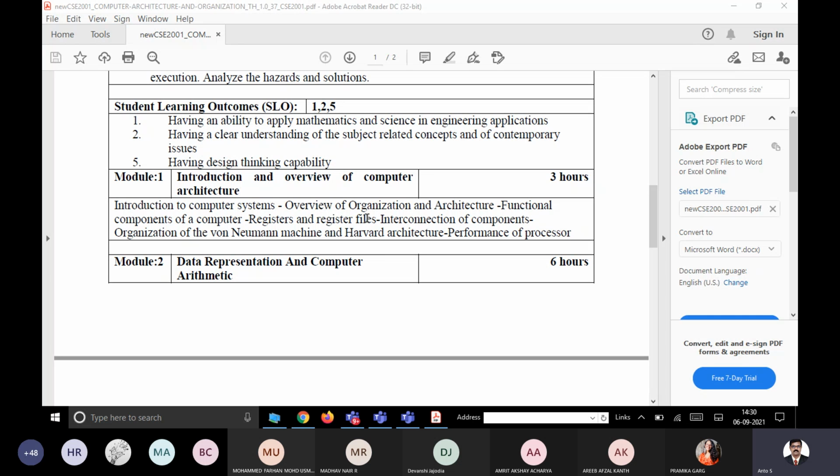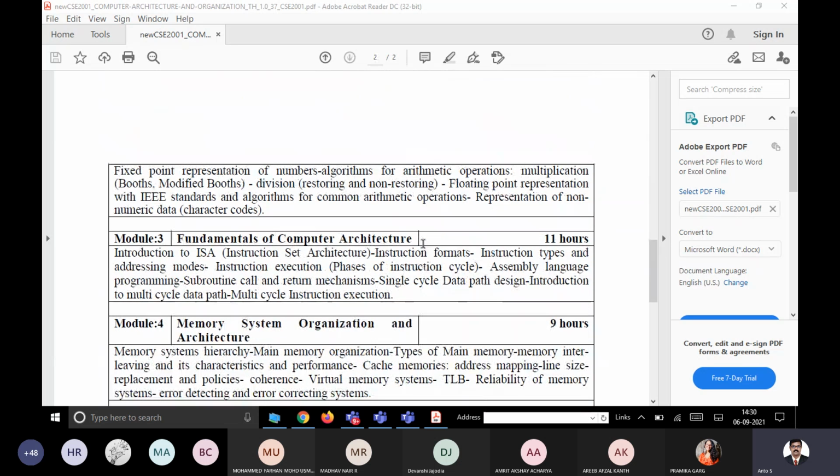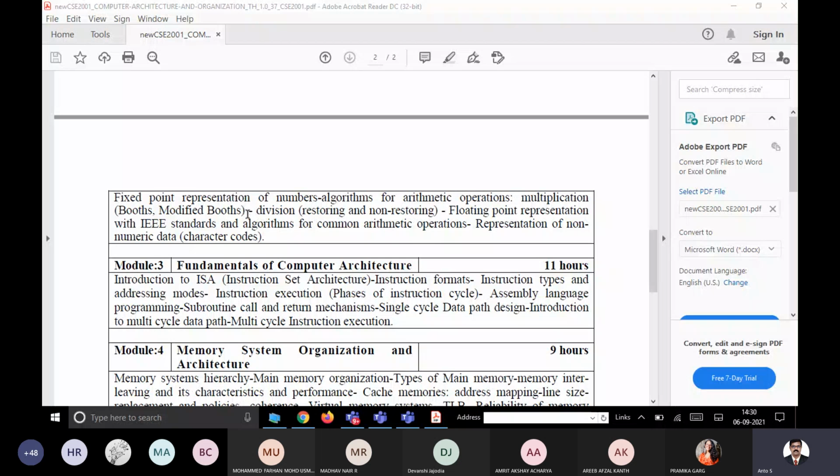How opcode fetch is done, how it fetches the opcode from memory, how it gets the value from the memory location to perform any operation, and how it is stored in memory again. Like that, you can expect questions. Interconnection of components, and from the performance of the processor, you can expect numericals. We have discussed it. You refer to the PPT. Some 2 or 3 formulas are there. Refer to that. And in the second module, it is up to modified Booth's.